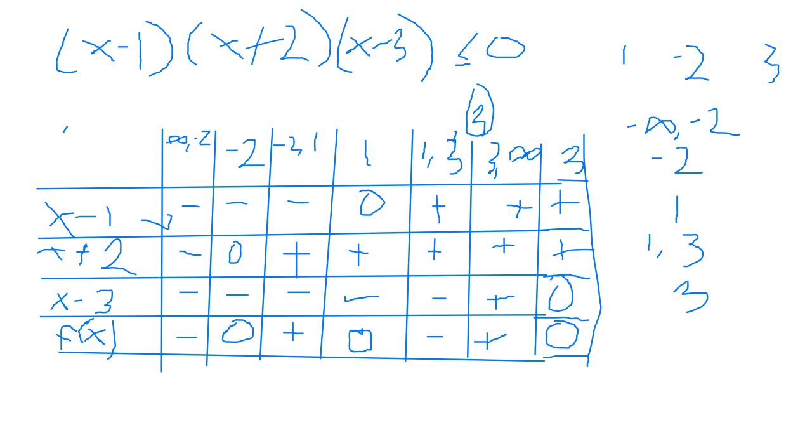So we write it in interval notation, and our answer will look like this. Negative infinity to negative 2, here we use the closed bracket to include negative 2. Can you see that? That's why we are using the closed bracket. 1 is inclusive, so we use the closed bracket. 3 is inclusive, so we are going to use the closed bracket here.